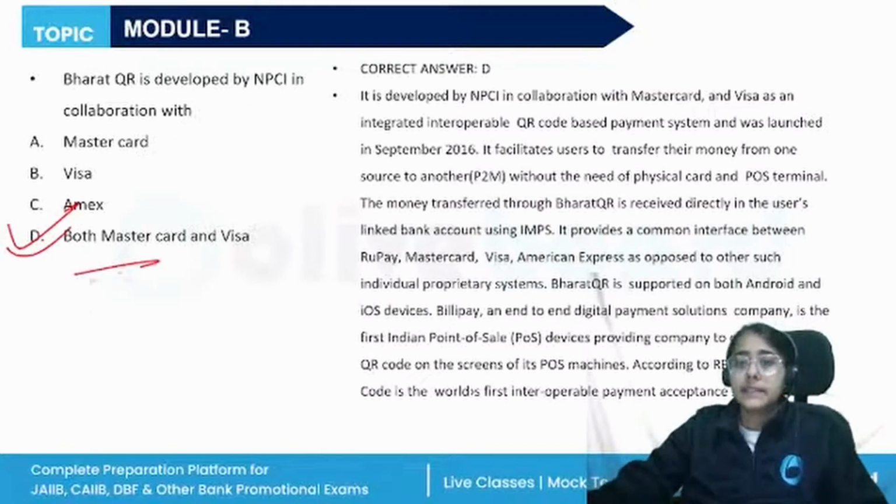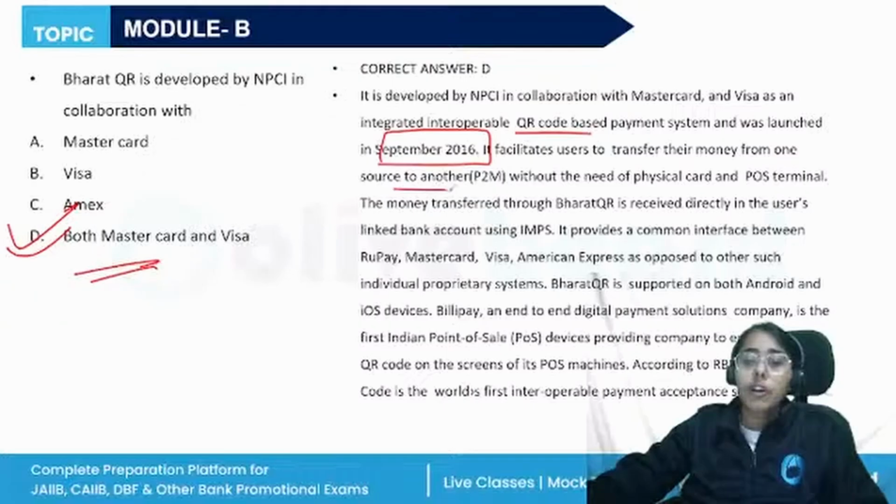Option D. It is a QR based payment system launched in September 2016, from the payer to the merchant, without the need of a physical card or POS terminal, directly linked through the bank account. It provides a common interface between RuPay, MasterCard, Visa, and American Express, right?